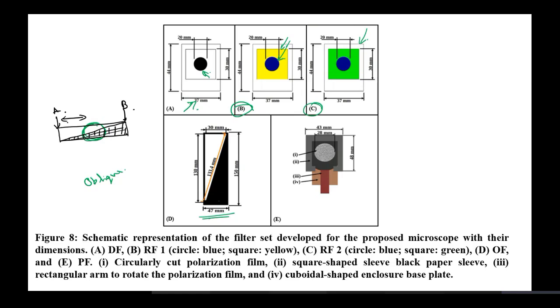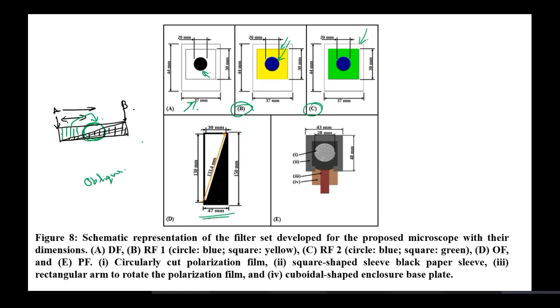Okay. However, when you move this filter towards B, the area near A would be overlapping over here, so a large amount of light would be passing through. So what is happening basically?